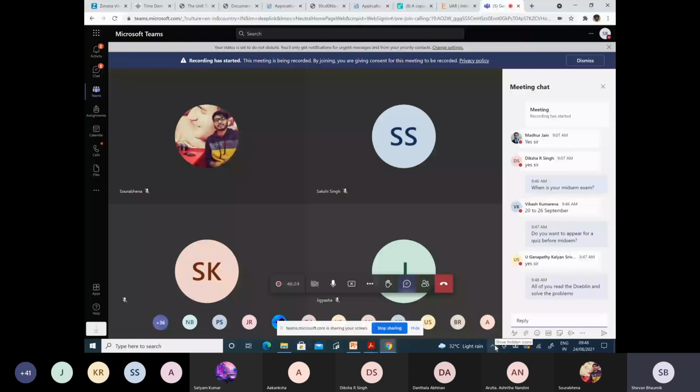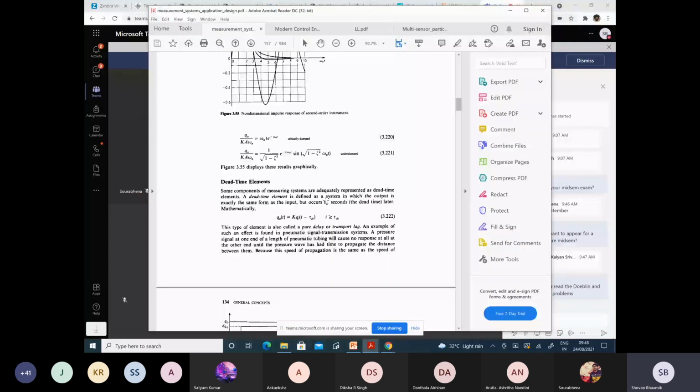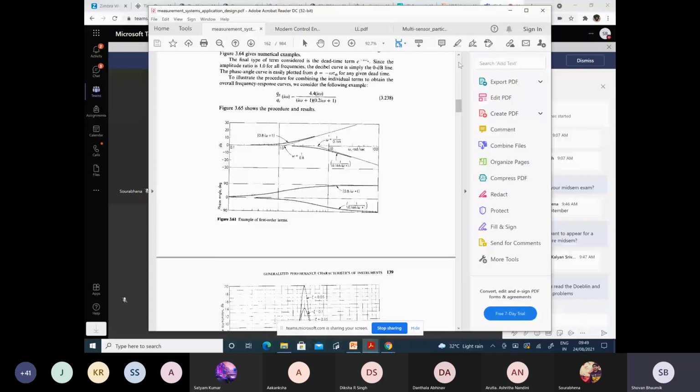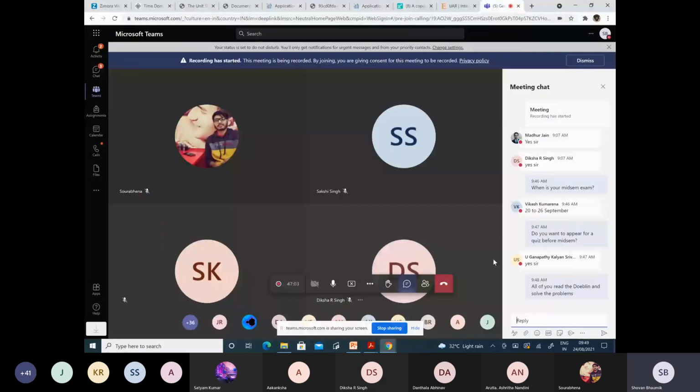Repeatedly I'm saying you read the Doeblin because the Doeblin book is available online, and you can see my Doeblin book here. According to this book, we are at page 157, and we will gradually move on. We are in a chapter named generalized performance characteristics of instruments. Doeblin is a nice book, and this chapter we are taking from it. Okay, so now let's proceed.